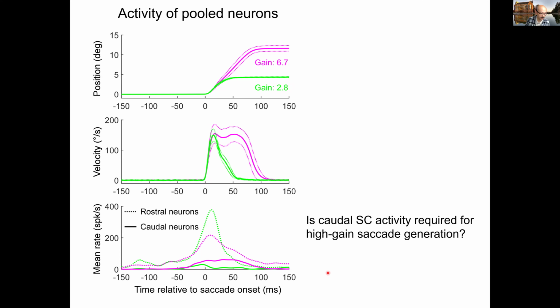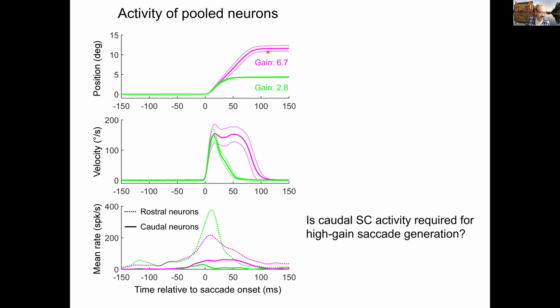And this is the activity of the neuron. So for low gain saccades, there's a big burst with high peak for rostral neurons. But for the caudal neuron, with a solid curve here, there's very little activity.